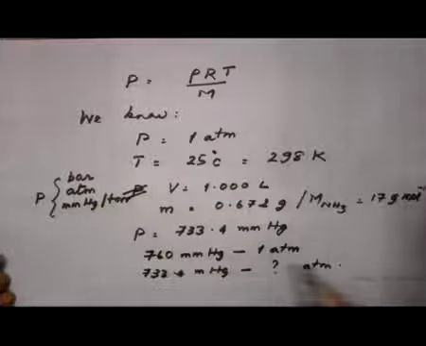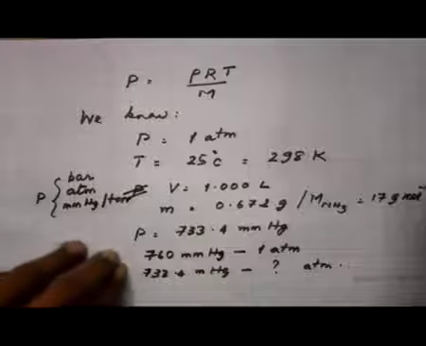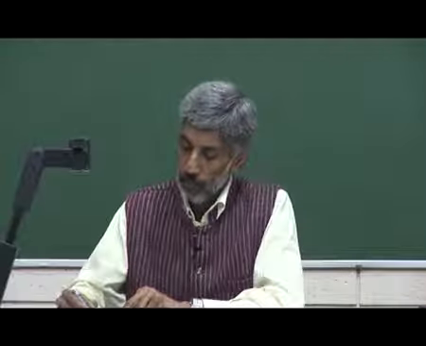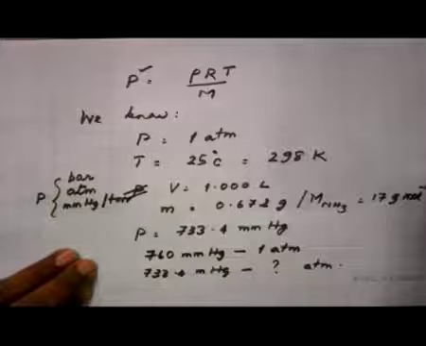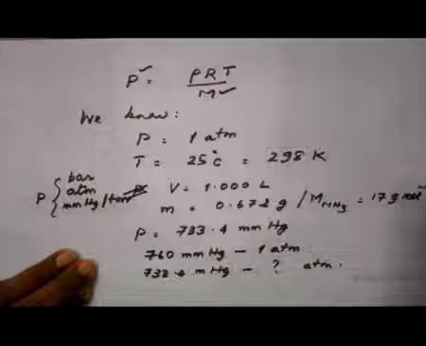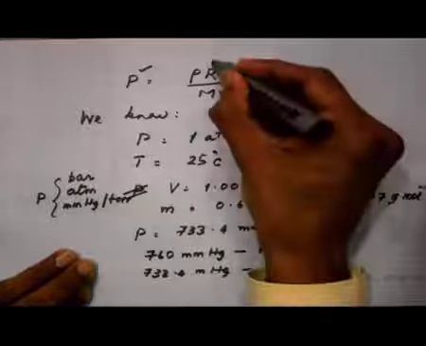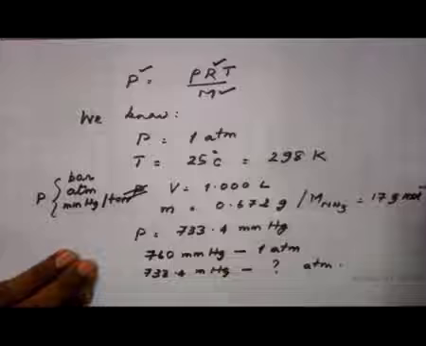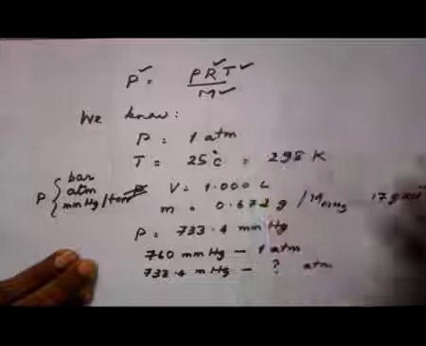Okay. So, we now have the pressure in atmospheres, and we know this expression. We know the molar mass is 17 grams per mole, R is in liter atmospheres per degree per mole, and this is the temperature.